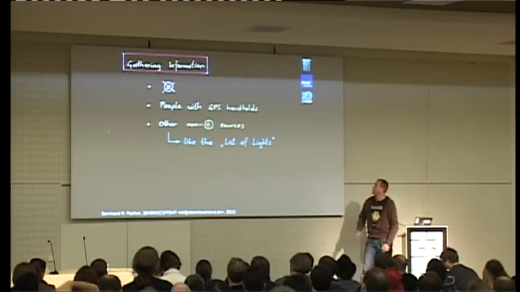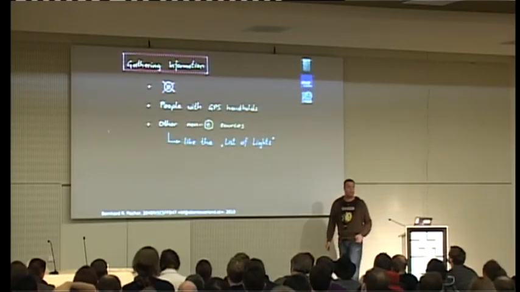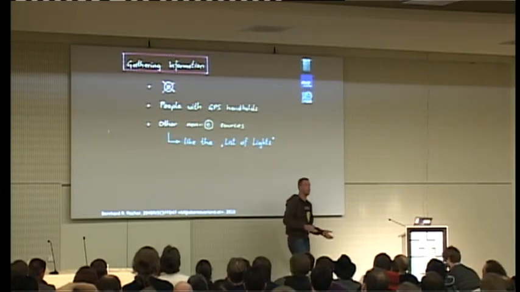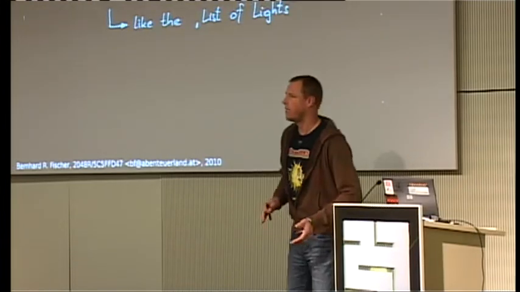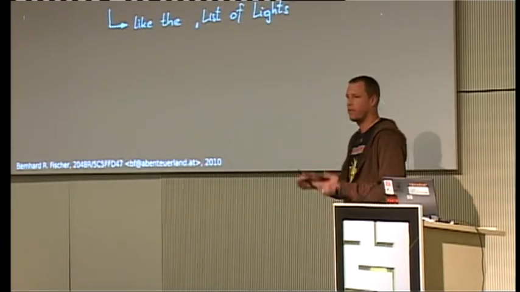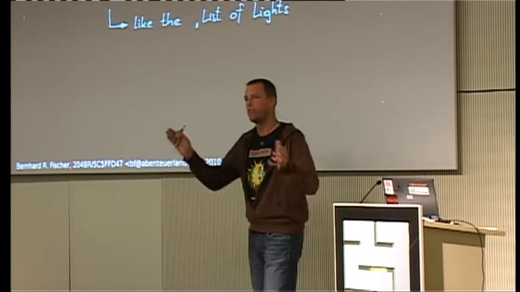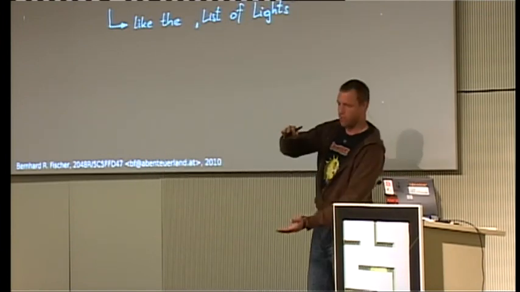And other systems, like, and that's actually my part of the project, the import of the List of Lights. Most of you, I think, know the List of Lights is a book published by several spatial agencies of the world. It's a book like this.